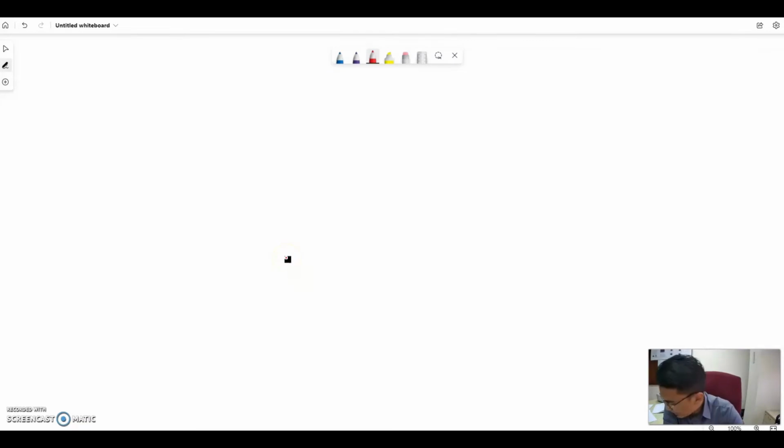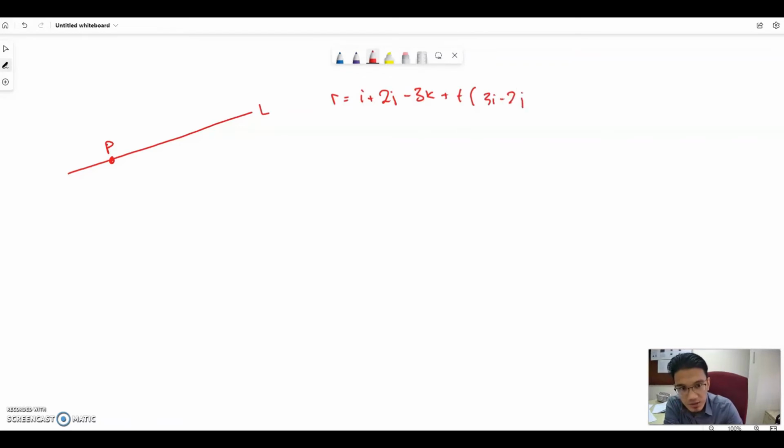So what we have gained for question a is a straight line L with a point P on the line. The vector equation of the line is r equals i plus 2j minus 3k plus t(3i minus 2j minus k).